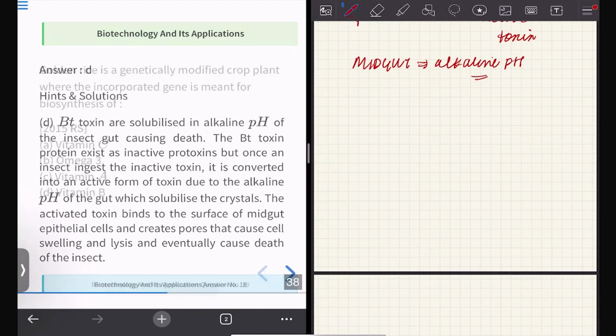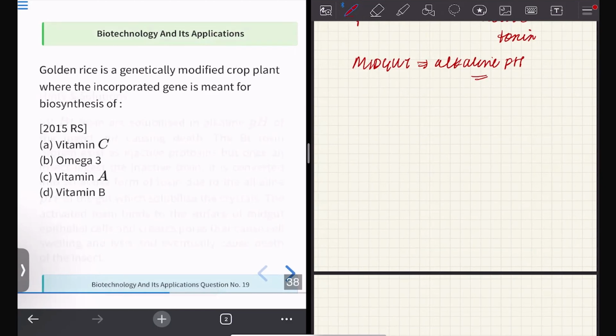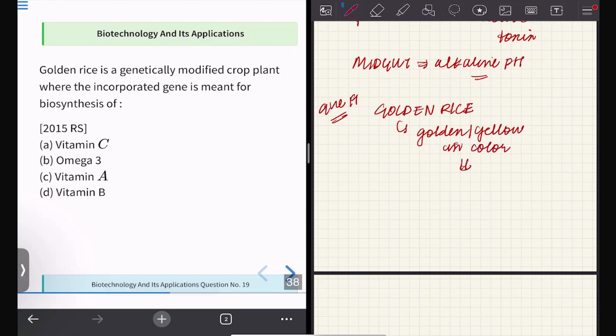Okay. Moving on next, we have question number 19, which is: golden rice is a genetically modified crop plant where the incorporation is meant for the biosynthesis of. So we have golden rice. Golden rice is actually golden or yellow in color. Why is this golden or yellow in color? It is due to the presence of a pigment known as beta carotene.